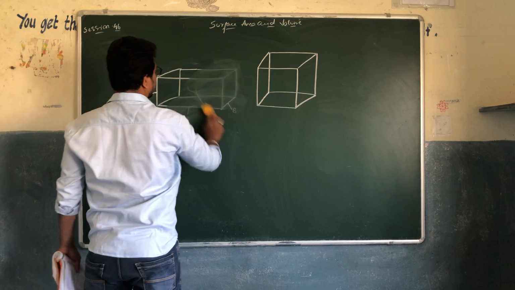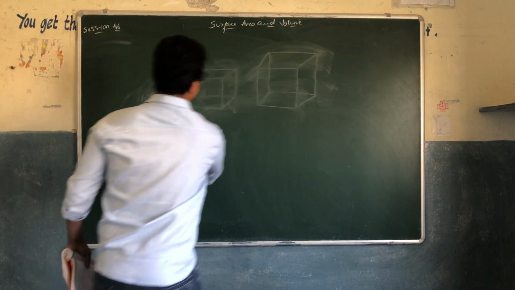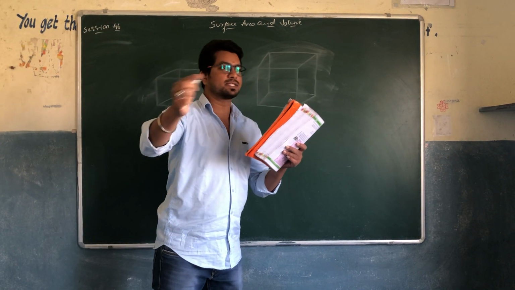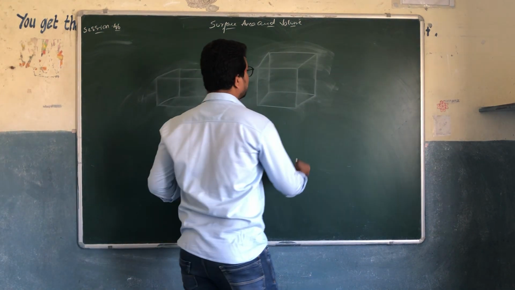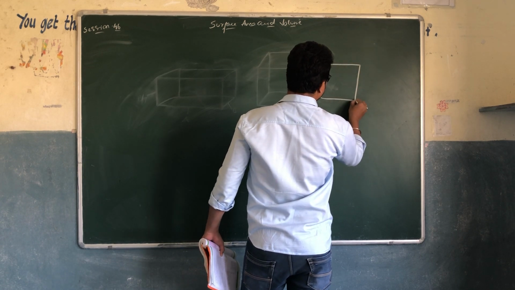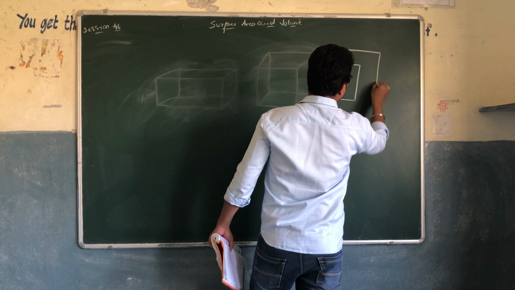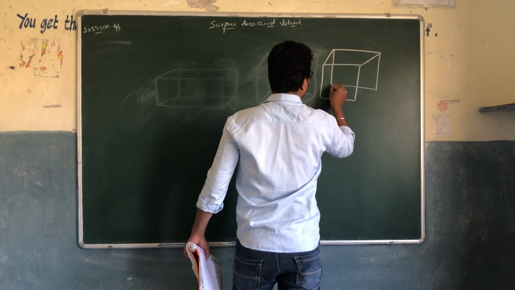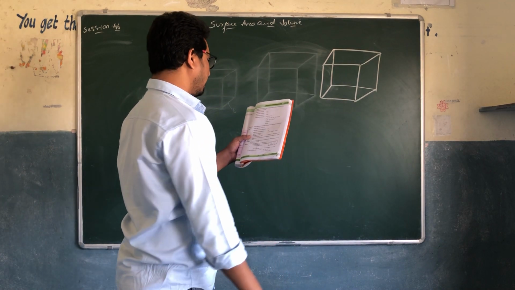So let's look at this example 2. If each edge of a cube is doubled. Each edge of a cube is doubled. As we drew earlier, let's draw the same cube again.